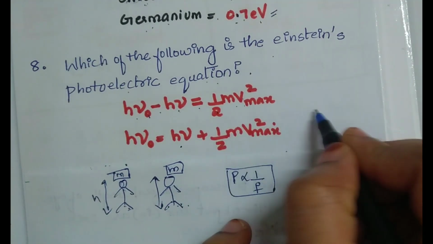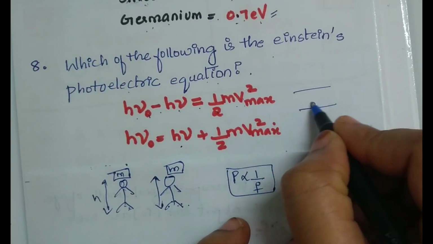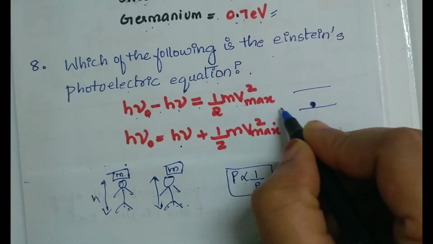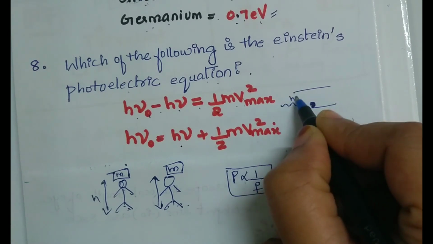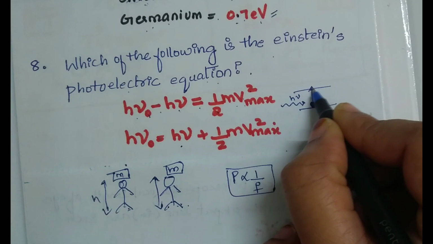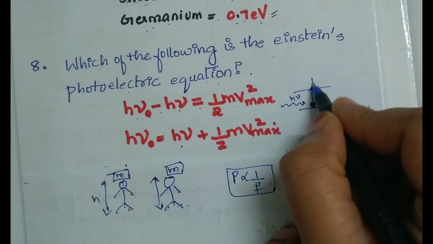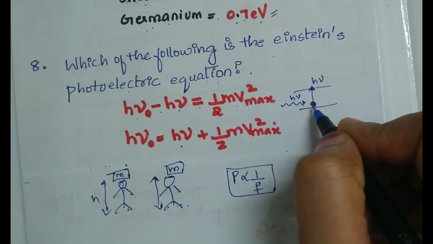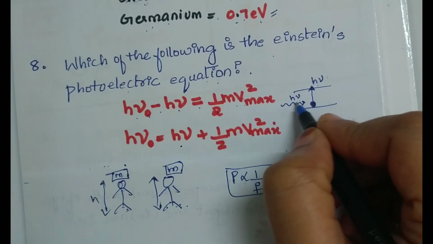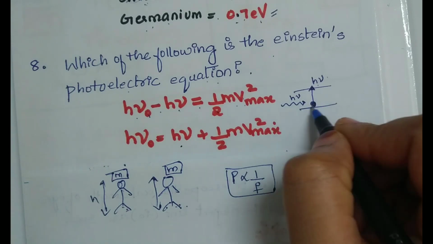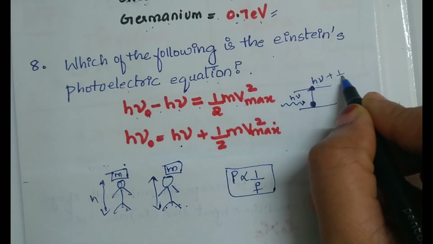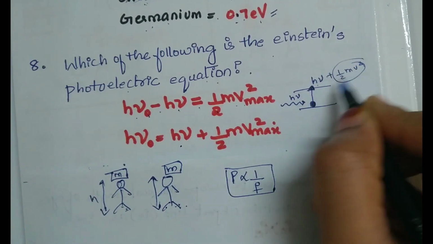For now, in short, I can say, suppose the electron is in the valence band, the ground state. If a photon of energy h nu is incident on it, it moves to the conduction band, that is the excited state. If the energy gained by the electron is sufficient to raise it to the excited state, the remaining energy, that is half m v square, will help it to move out.